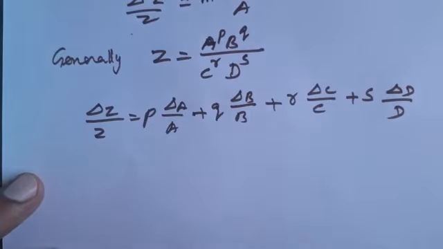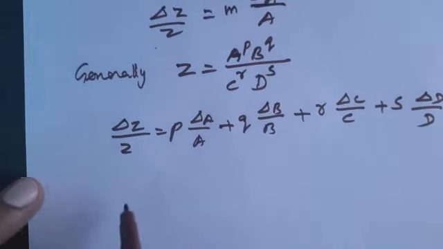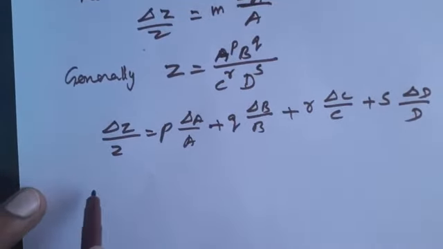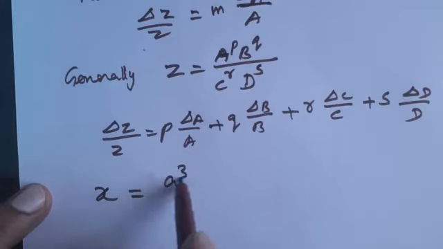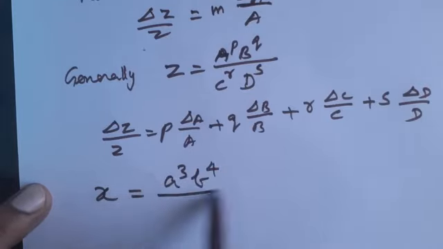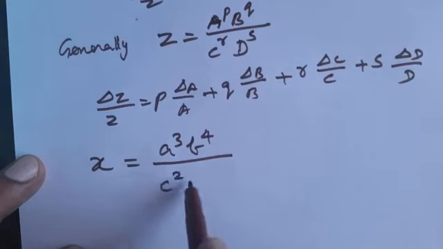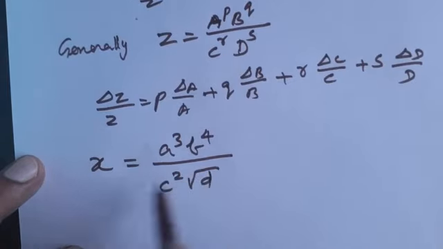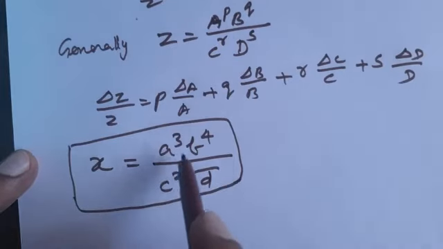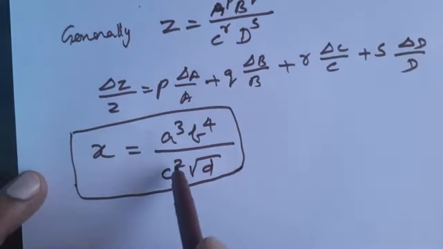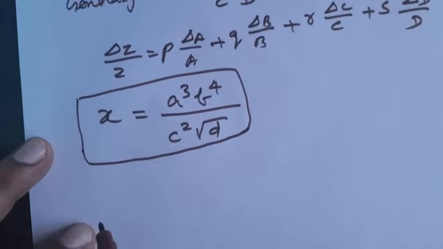We will go for one simple illustration. If a physical quantity X is expressed as A cube B power 4 by C square root D, so X is expressed in terms of A, B, C, D with respective powers 3, 4, square and root. So how to find the percentage error in this case?